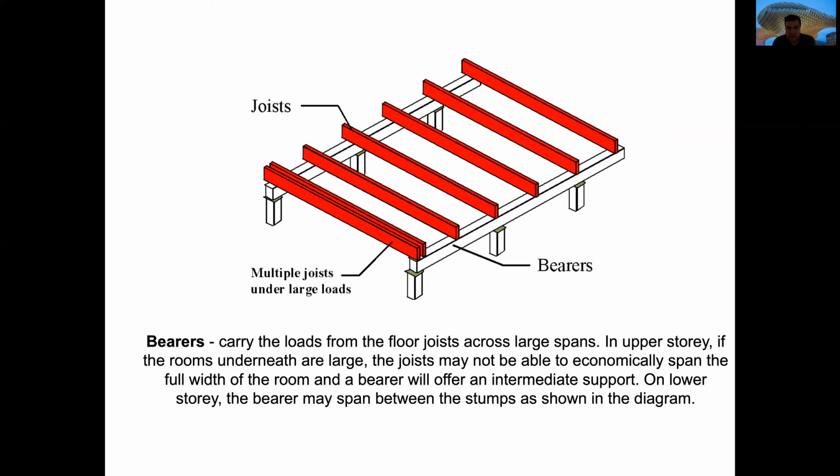But usually the longer span is for the main beam, the bearer, and the shorter span is for the joist, because the joists are smaller and there are many of them. The bearers will carry the load from the floor joists across a large span.